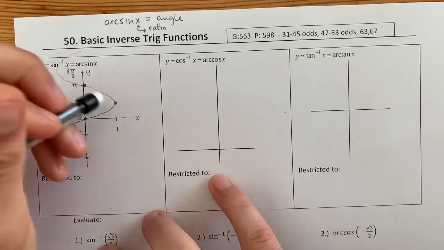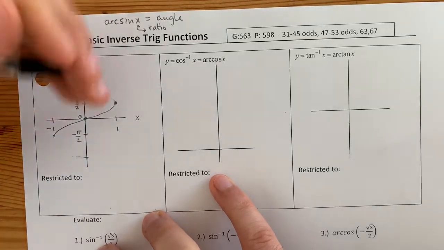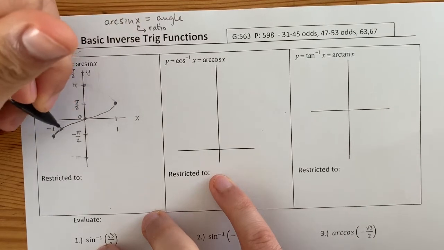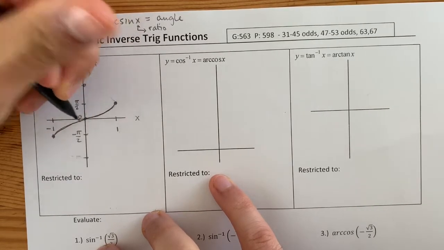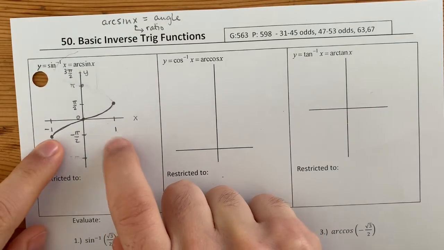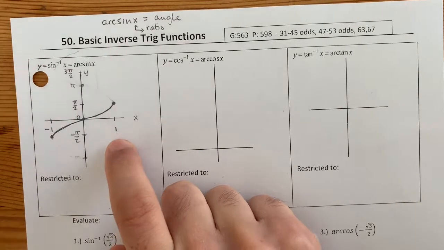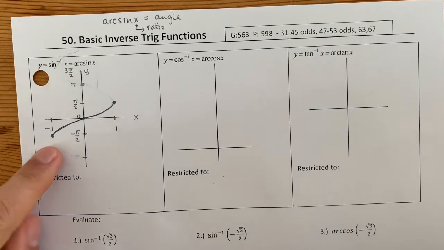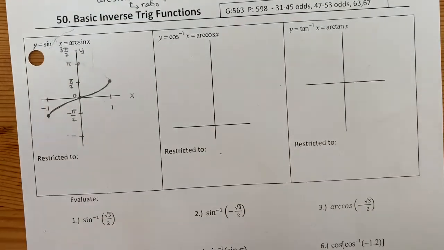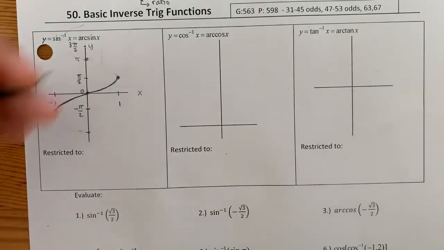Of course, I could have erased other pieces, but this just would make the most sense, to keep just between here and here. This part of the wave doesn't even look like sine anymore, yet it still captures all the ratios from -1 to 1, and it passes the vertical line test. And that is the graph of the inverse of sine. It has been restricted because it has to pass the vertical line test.